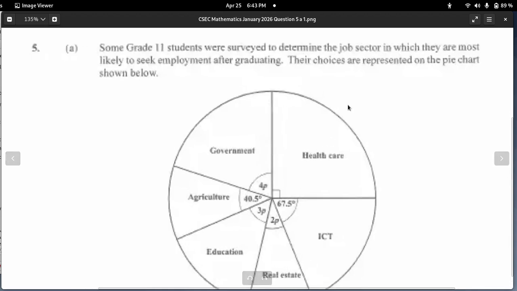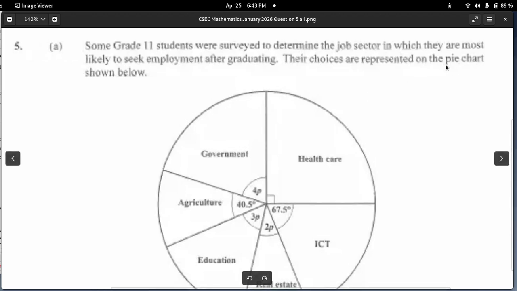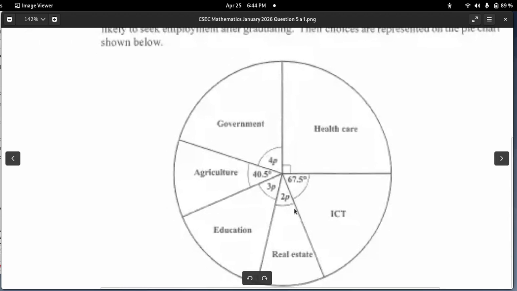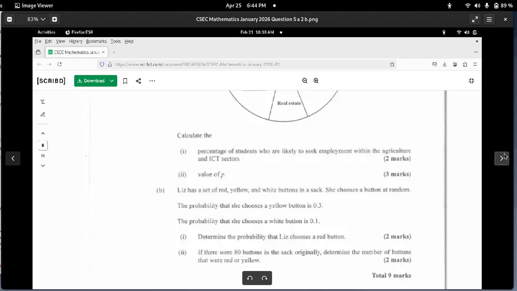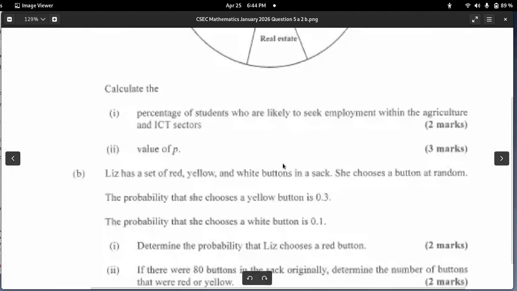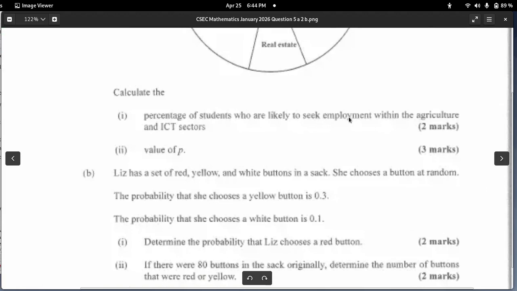Their choices are represented on the pie chart below. So we have our pie chart here. Calculate the percentage of students who are likely to seek employment within the agriculture and ICT sectors.